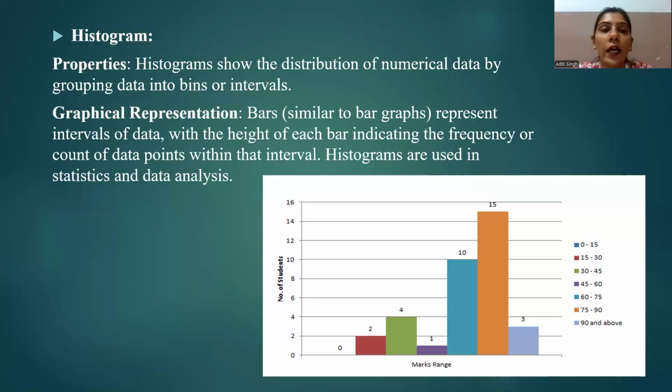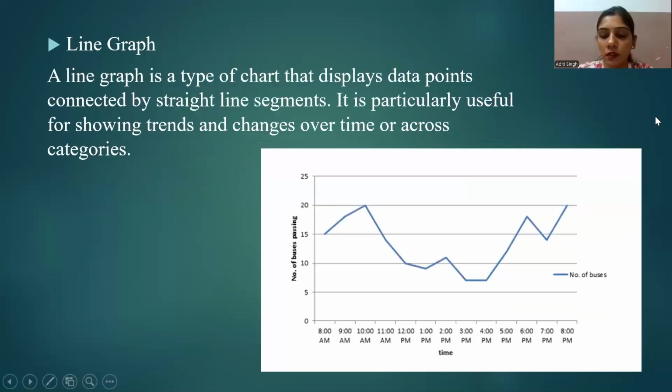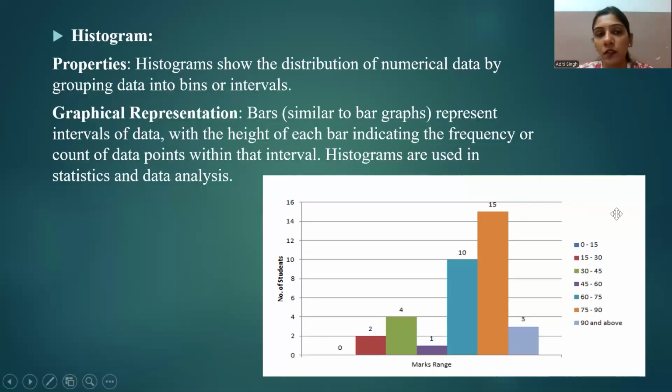The height of a bar corresponds to the frequency of the data. As we can see in this picture, this is how a histogram looks, so this is how we can make a histogram as a graphical representation.